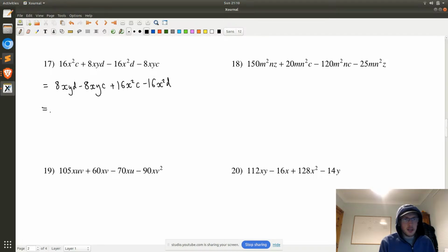So you can clearly see a common factor of 8xy. An interior, d takes c. And then 16x squared. Negative 16x squared. In fact, put those two the other way around.